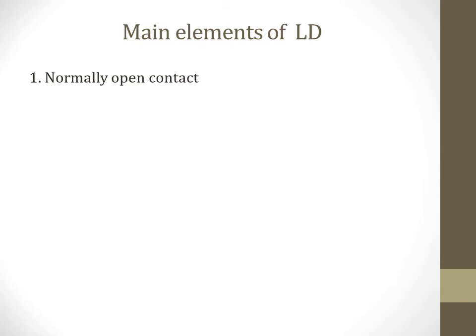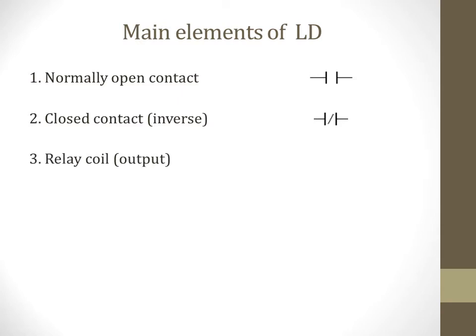The main elements of the graphical programming language LD will be presented below. First main element we call normally open contact. Next element is closed contact, also we call it inverse contact. And next, relay coil. It means that with these elements we can mark output variables in our program.